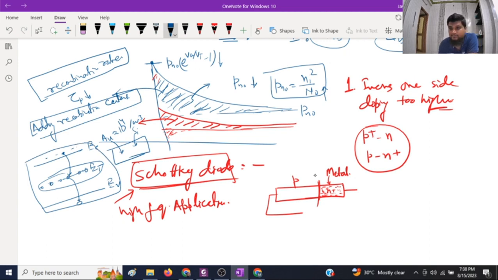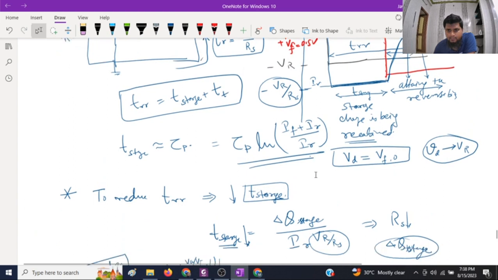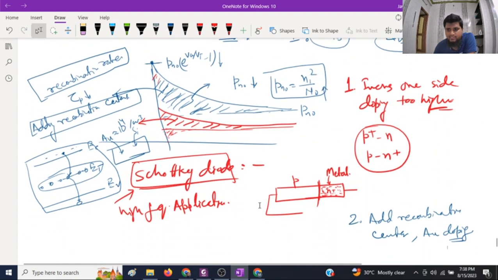So another option is to add recombination centers. How can you do that? Gold doping. So I think I have completed this topic in more detail. One application is the Schottky diode, to reduce this recovery time.